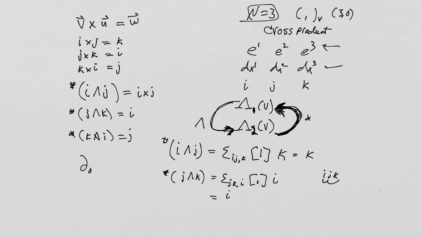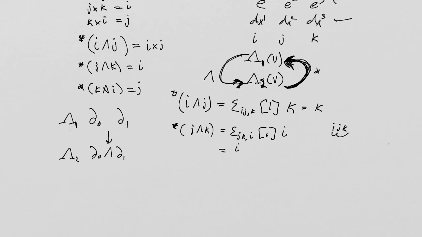So partial 0, partial 1. I can take those, wedge them together, and I get partial 0 wedge partial 1. So I've gone from two vectors in the first exterior power to two guys in the second exterior power. The problem is if I'm in four-dimensional space and I take the Hodge dual of this, I end up with something with partial 2, partial 3, either plus or minus, depending on the metric.